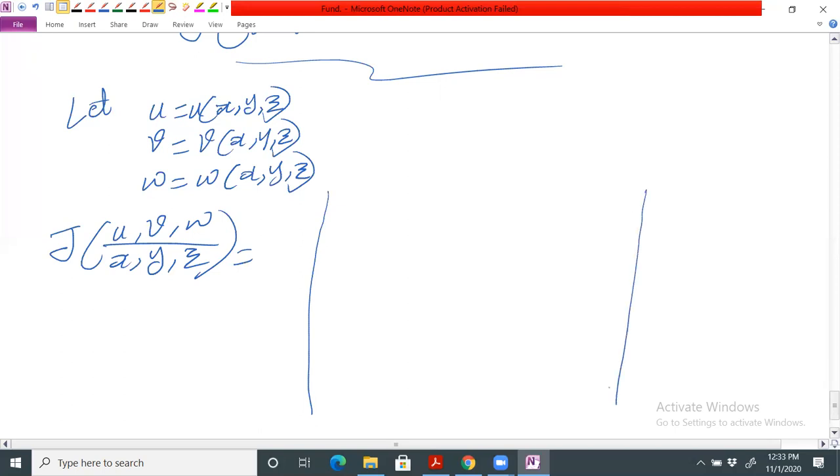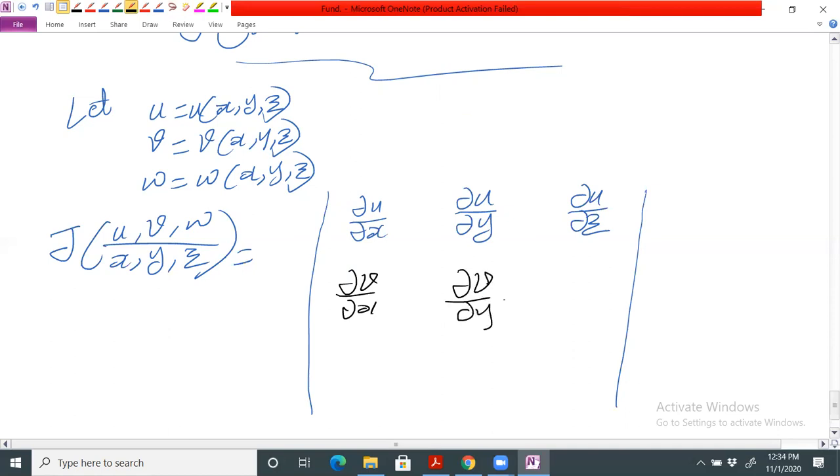It is nothing but the determinant of a 3 by 3 matrix. What are the elements of the 3 by 3 matrix? In the numerator, I take the first function u, in combination with x, y and z. So we get dou u by dou x, dou u by dou y, dou u by dou z as the first row elements of this determinant. In the same manner, taking the combination with v, we get dou v by dou x, dou v by dou y, dou v by dou z.